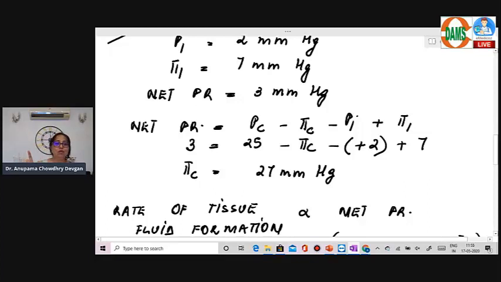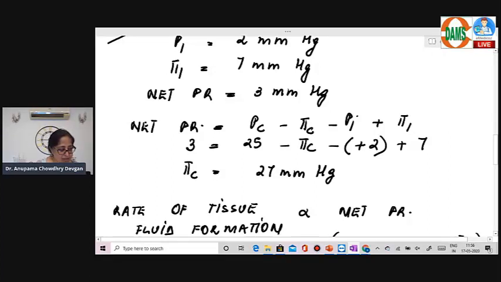So the pull force will only be that pressure exerted by the proteins, which is the colloid osmotic pressure. I'm not taking the osmotic pressure of plasma into consideration, because osmotic pressure of plasma and interstitial fluid is nearly the same. Plasma is slightly higher by 2 milliosmoles because of presence of proteins. So the osmotic pressure because of proteins is taken as the pull force. And that is 2 milliosmoles.